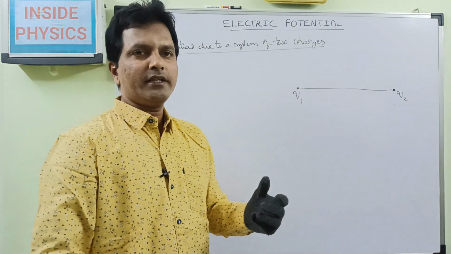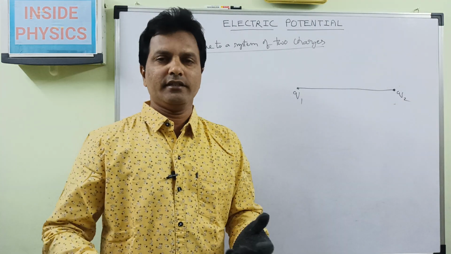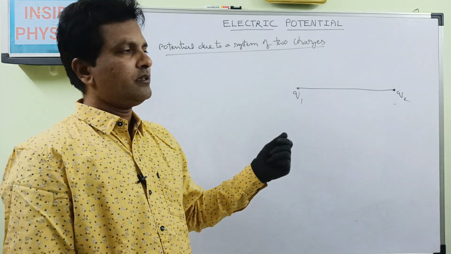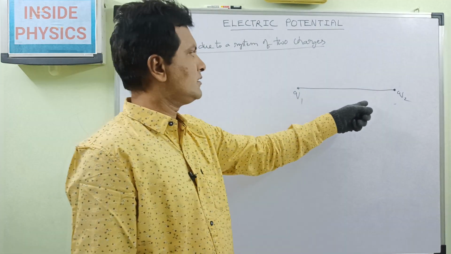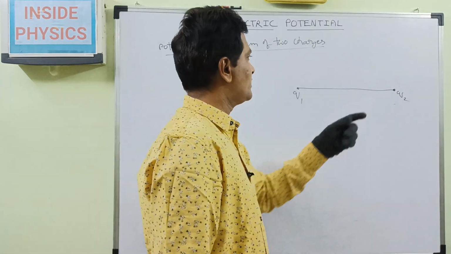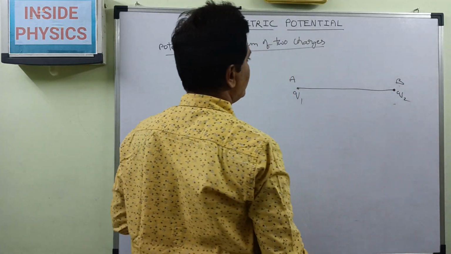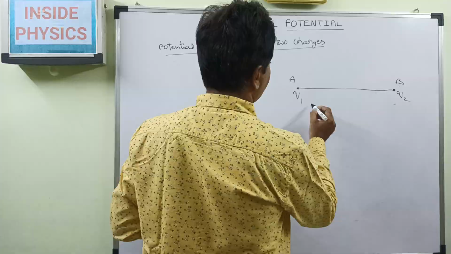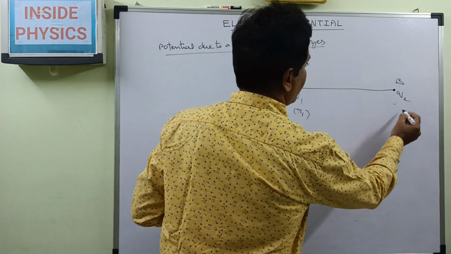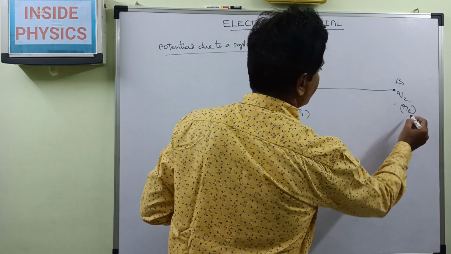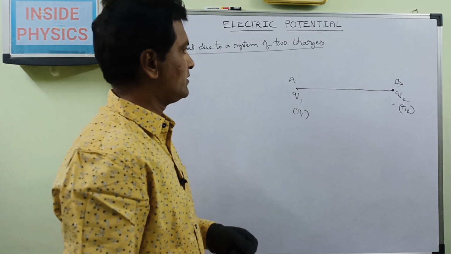Initially, we will take these two charges to be at infinity distance, both of them. So both are at infinity, and we are bringing these two charges to different positions. We will say this is position A, this is position B. And if we take the position vectors, we can consider this as R1 and this will be R2, the vector positions of these two charges.